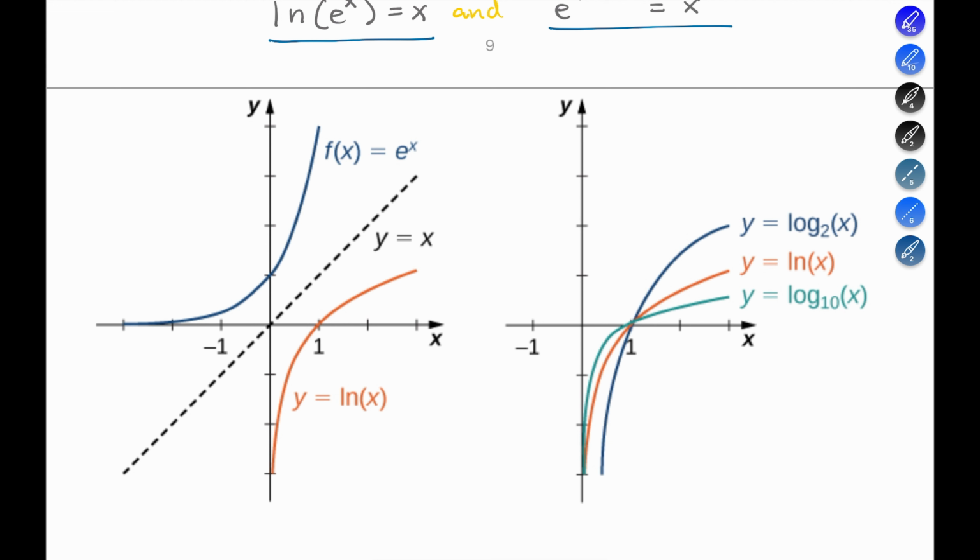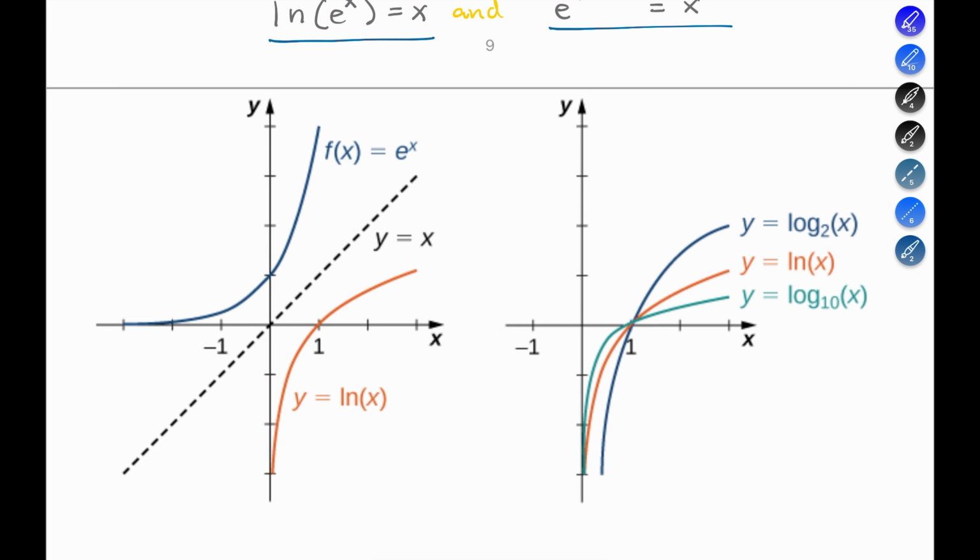And this is an example of different log functions. So the orange one is the parent function of ln of x, and this one right over here is log base 2 of x. It starts a little steeper, or starts a little farther away from the y-intercept, and then it goes out.